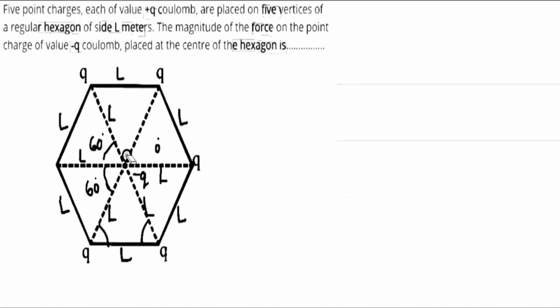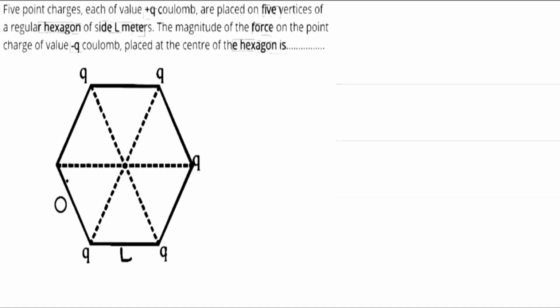Okay, now let's talk about the electric field due to the charges at the center. The electric field due to this charge at the center can be given in this direction. So consider this electric field as E1. E1 is equals to K into Q upon L square, where L is the distance between the center and this charge, and at the center there is a point charge minus q coulomb.